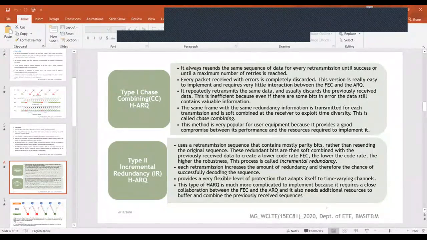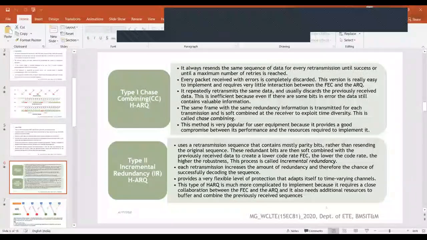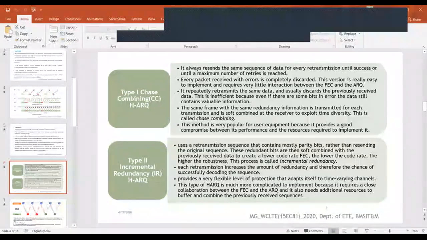Okay, so as I was telling, in LTE there are two types of hybrid ARQ techniques. One is type 1, that we call chase combining hybrid ARQ. Second one is incremental redundancy hybrid ARQ. In type 1, it always resends the same sequence of packet for every retransmission until it gets a positive acknowledgement or the maximum number of retries is reached.